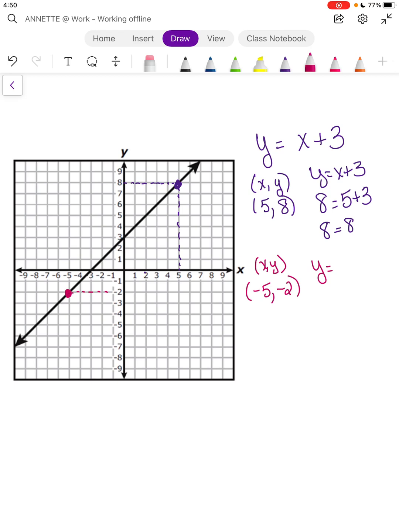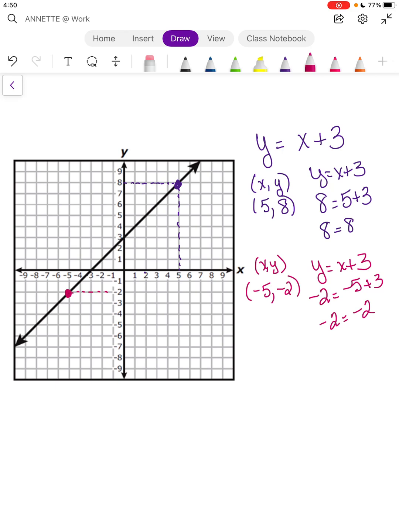All right, so y equals x plus 3. My y is negative 2. My x is negative 5. And negative 5 plus 3 does equal negative 2. So negative 2 equals negative 2. So negative 5, negative 2 satisfies the equation y equals x plus 3.